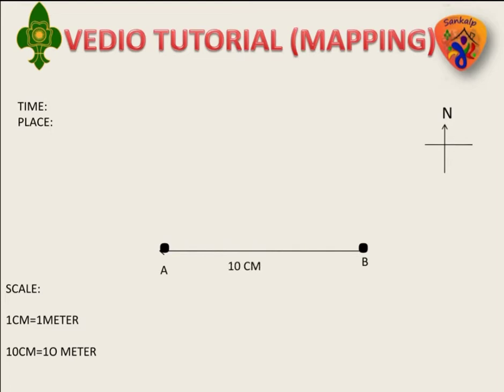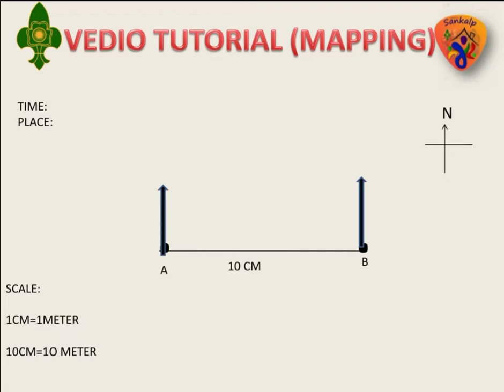Next, in the triangulation method, by considering the various instruments or conventional items appearing in the surface, by considering those points only we are going to do the mapping. First, we have to keep the compass on points A and B, and we have to make the reference directions.